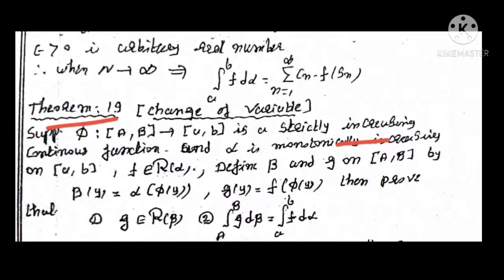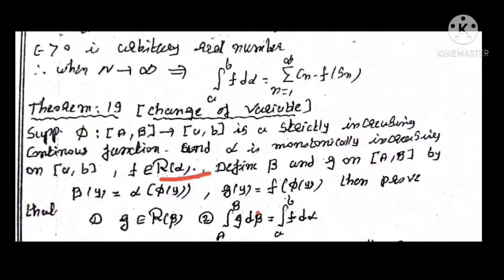F belongs to the set of all RS integrable functions with respect to alpha. Define beta and gamma on the closed interval [A, B] by beta of y is equal to alpha of phi of y, and gamma of y is equal to f of phi of y.